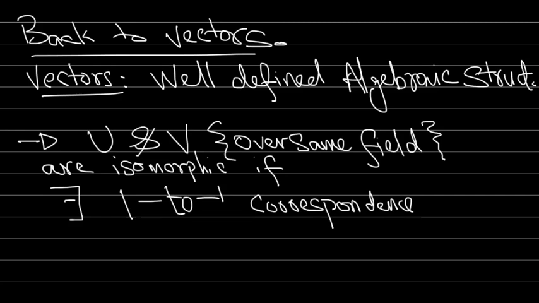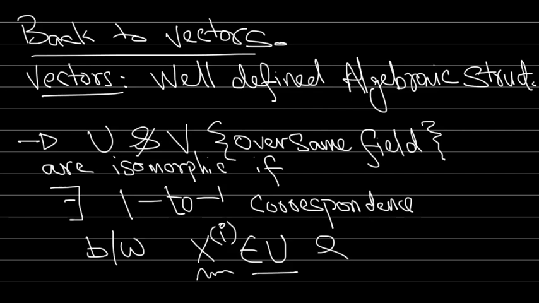But a one-to-one correspondence between what? Between xi that belongs to the vector space U, and some yi's, these vectors that belong to the vector space V. And of course vice versa.